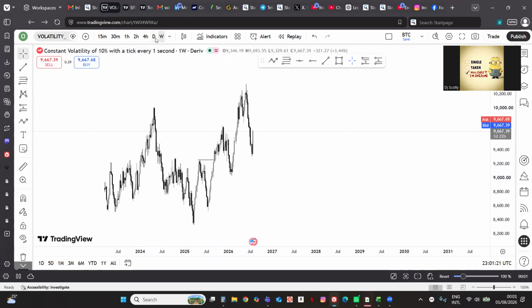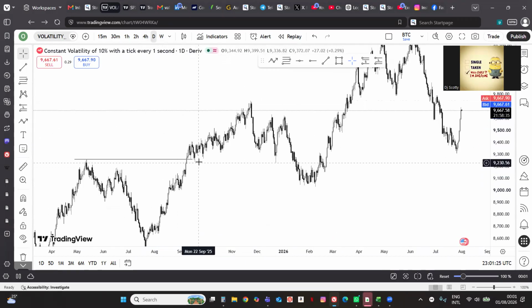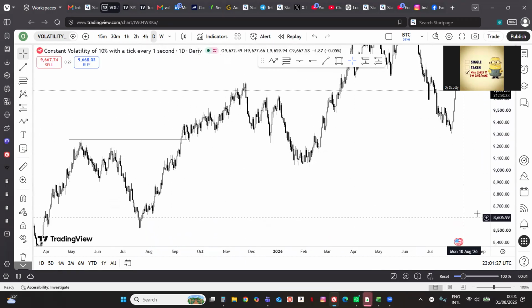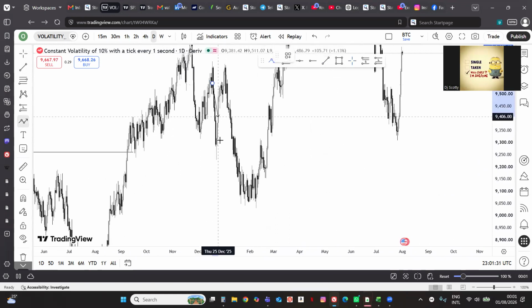We have a sweep of liquidity here because the market took out that high. You can see this high, it came into it. So the market took out the high and then came here to create a break of structure like this. And then we'll have, hold on.